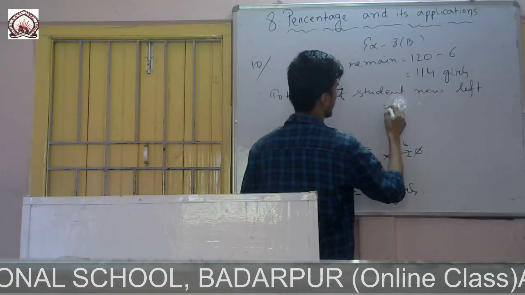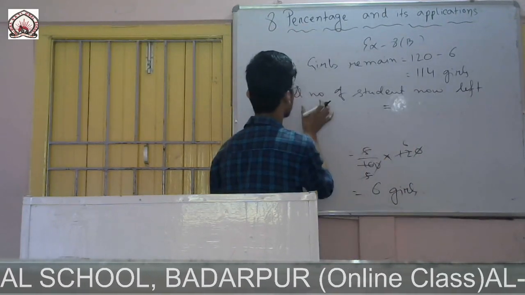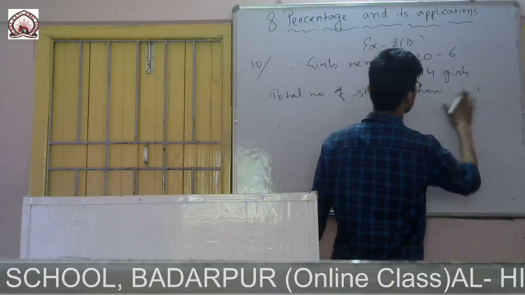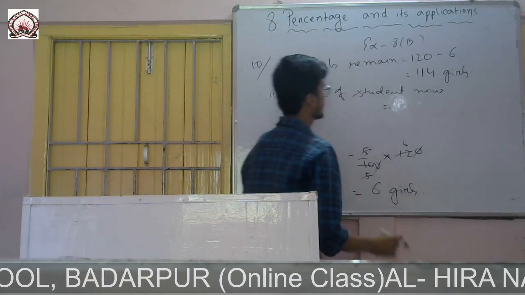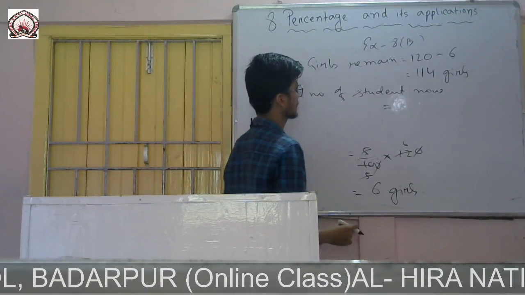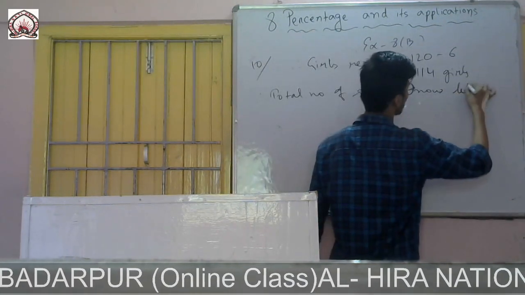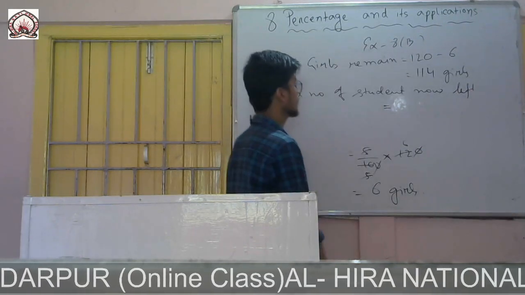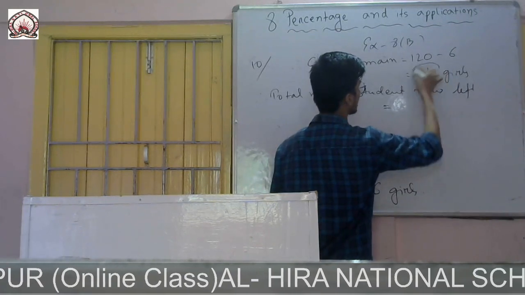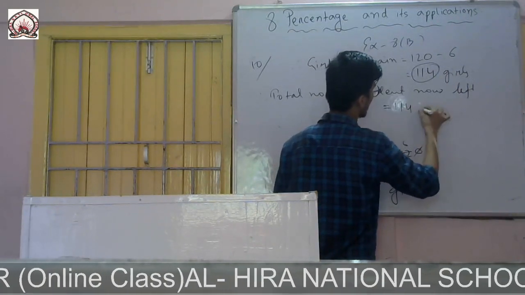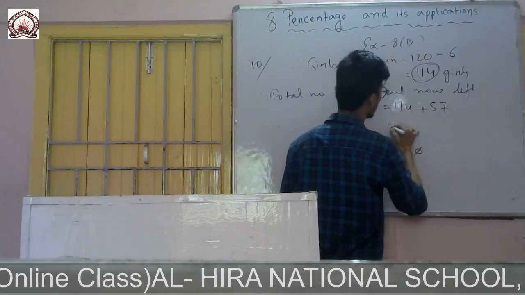Total number of students now equals the number of girls, 114, plus the number of boys, which was 57.